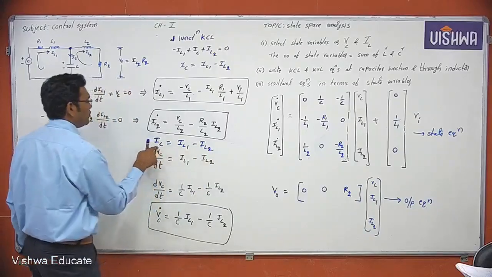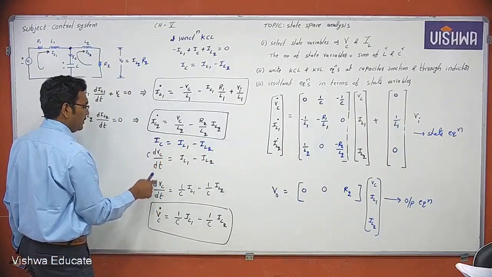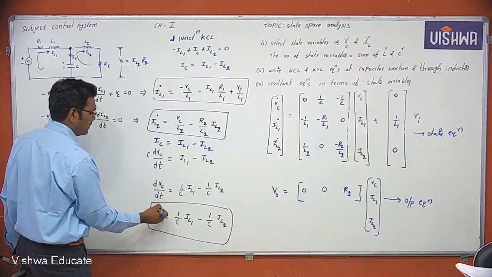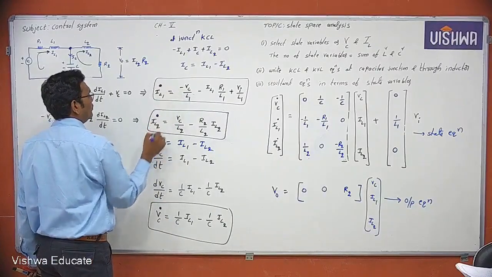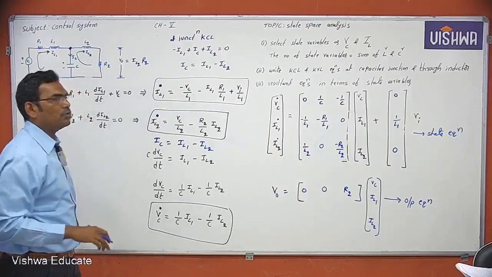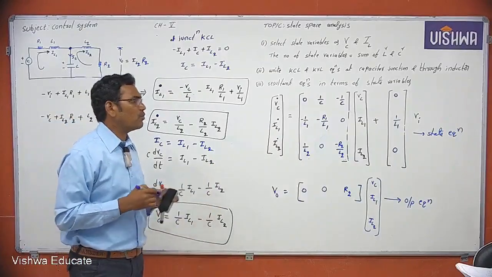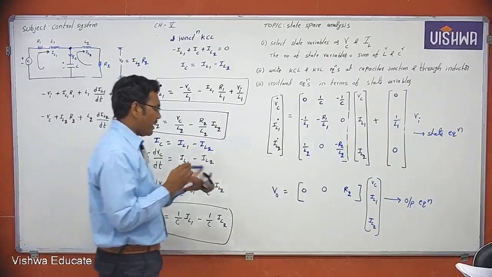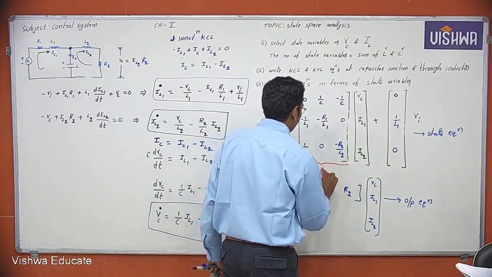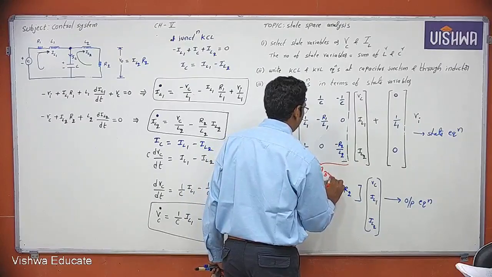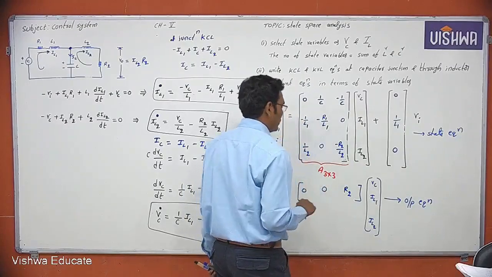What is the current passing through the capacitor? C into dVc by dt. dVc by dt is nothing but Vc dash. This is IL1 dash, this is IL2 dash. Okay. So you know the state equation and you know the output equation. So this is matrix A. A matrix order is always n by n, where n is the number of state variables.